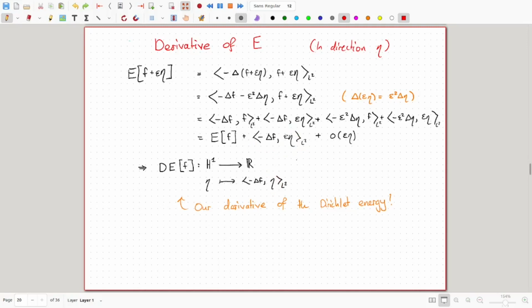We're ignoring the epsilon; it's not crucially important here. So this is the derivative of our Dirichlet energy. At this point, it's all very abstract, but if you go with this, we will eventually find a gradient. So we have our derivative, we'll find a gradient, and then we can find a gradient flow.